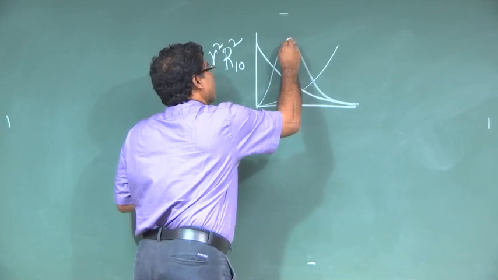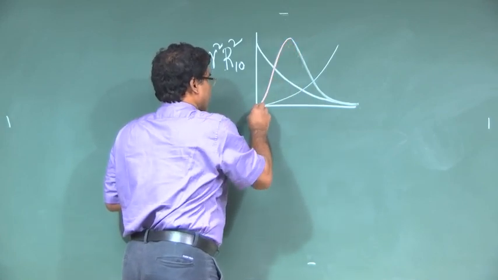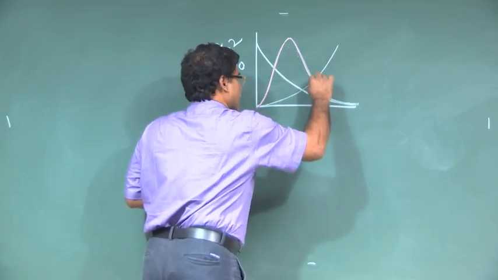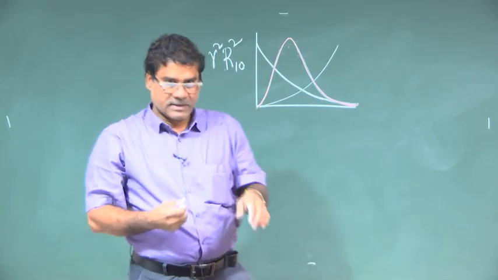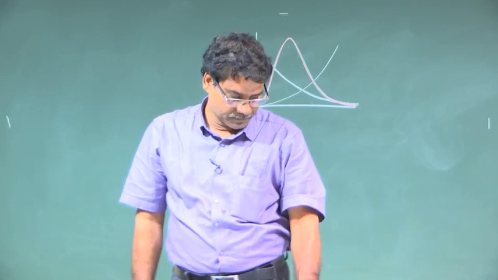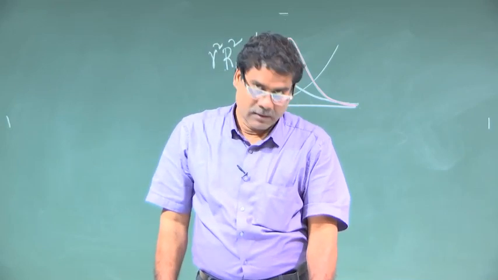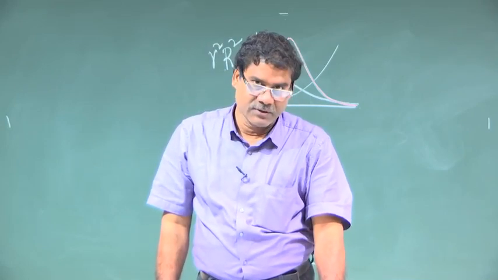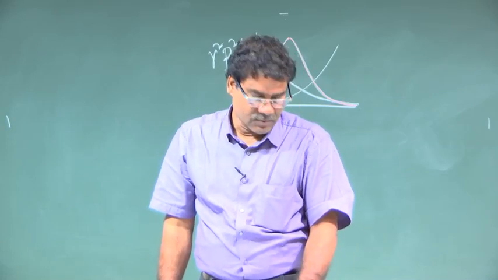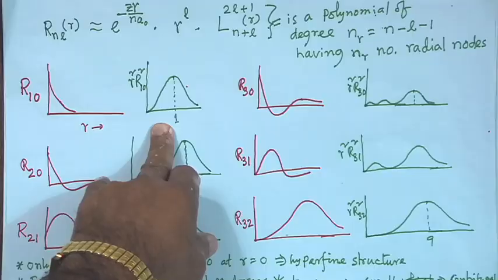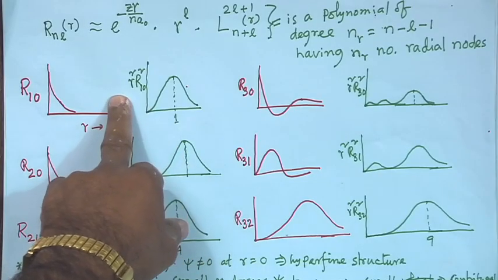Okay. Here is just this R10 and the corresponding radial probability density, r squared R10 squared.